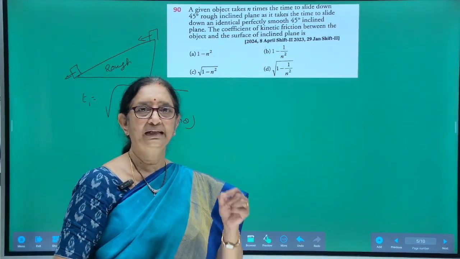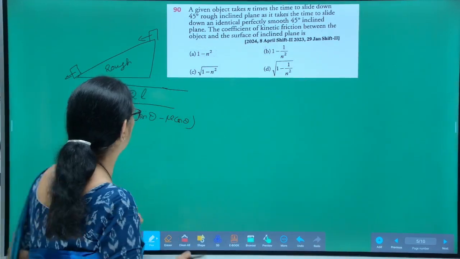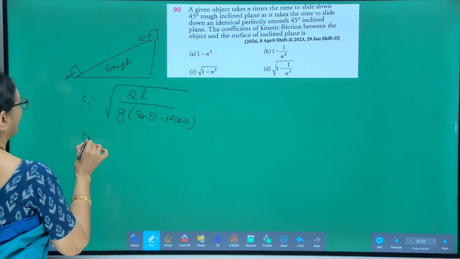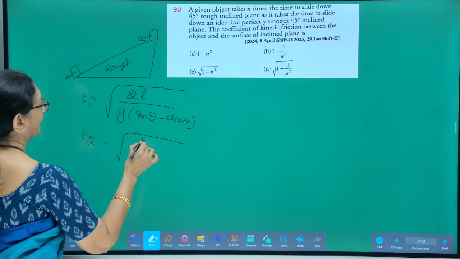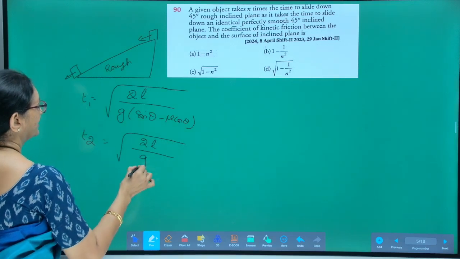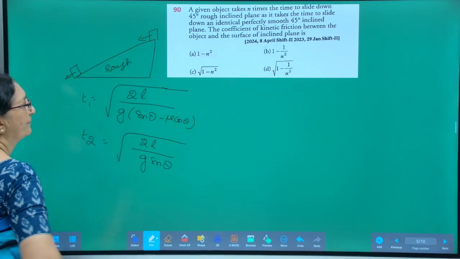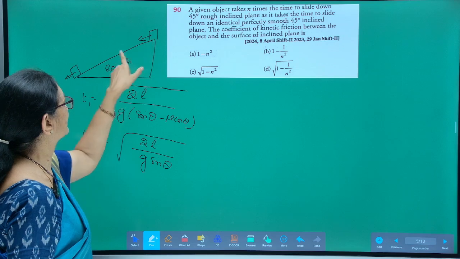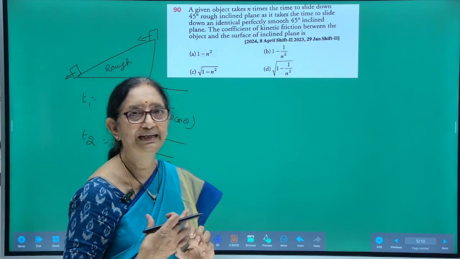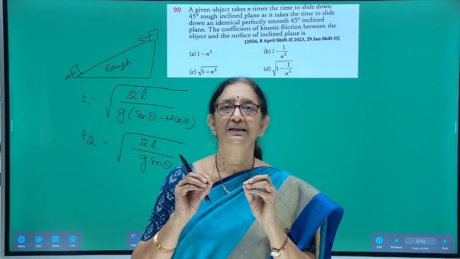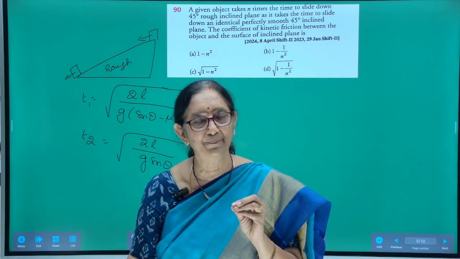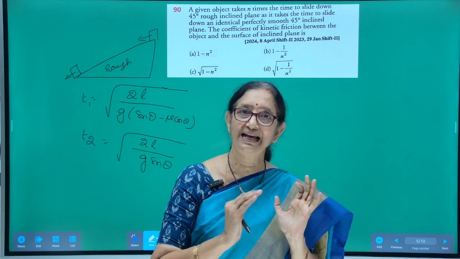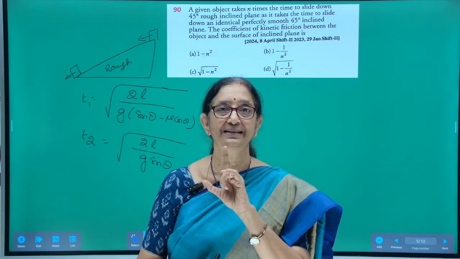If the same surface is smooth, mu becomes 0, and the time taken will be square root of 2L by g sin theta. In this problem, he mentioned that when the surface is rough, it takes n times the time taken by the same block to slide down the same incline when it is smooth.